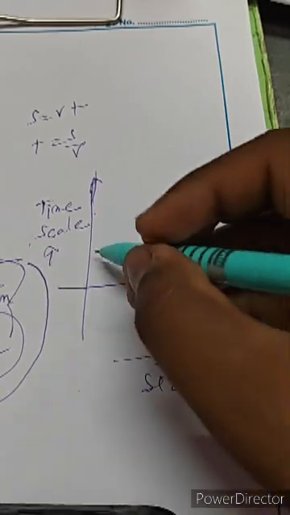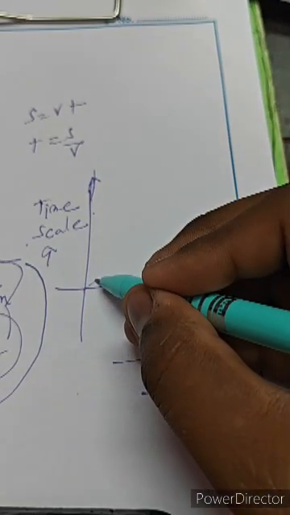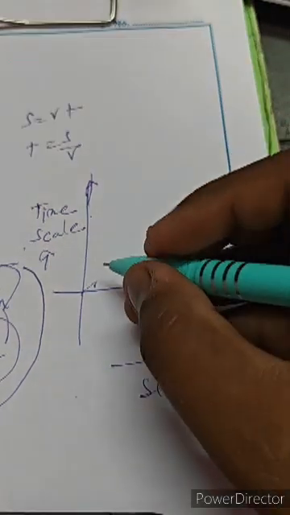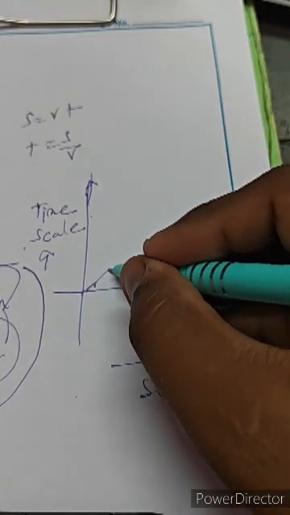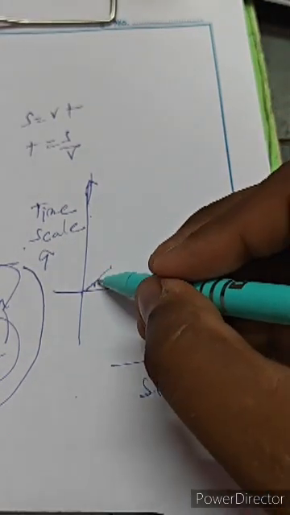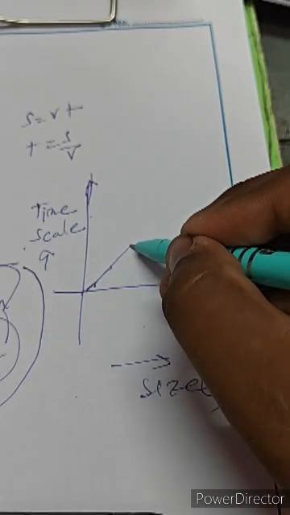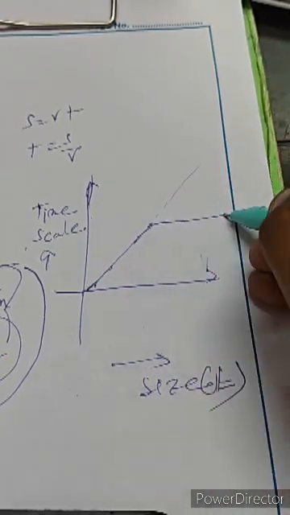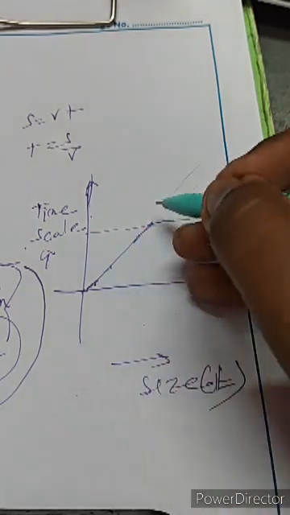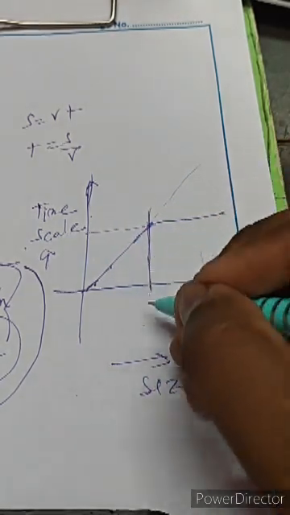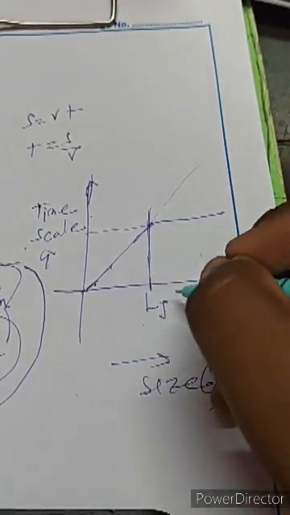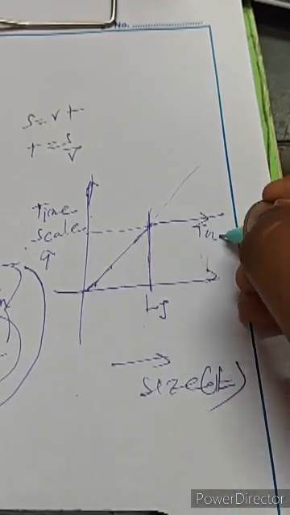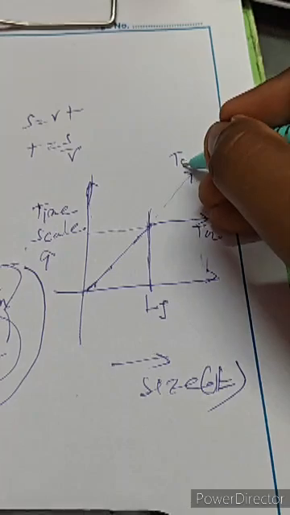As time increases, as we see here, the graph goes from here to here. I will explain it. LJ, and it is TG, it is TS.